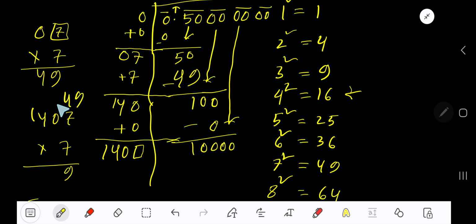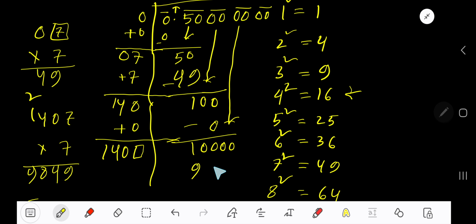Write 9, carry 4 to the next column. 7 times 0, 0 plus 4, that is 4. 7 times 4, 28. Write 8, carry 2 to the next column. 7 times 1, 7 plus 2, 9.